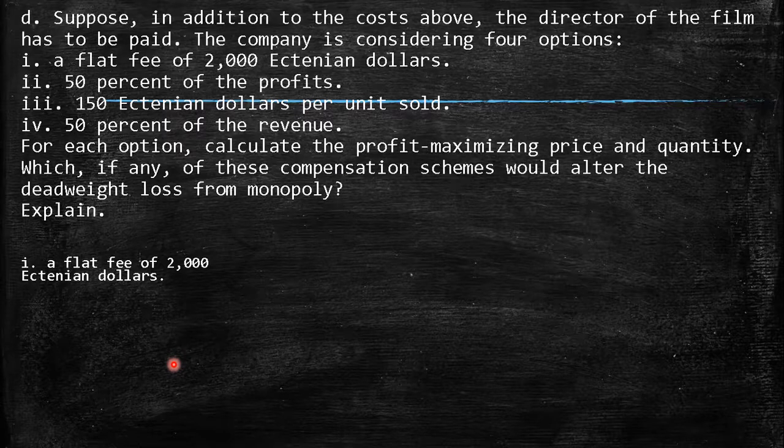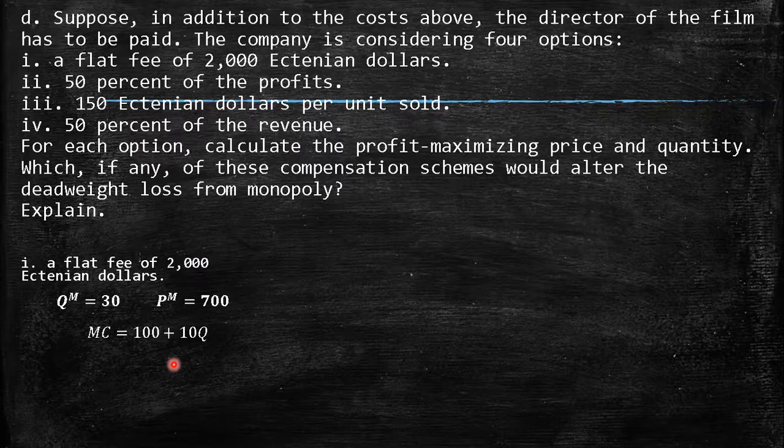Third, 150 Ectenian dollars per unit sold. Or fourth, 50% of the revenue. For each option, calculate the profit-maximizing price and quantity. Which, if any, of these compensation schemes would alter the deadweight loss from monopoly? Explain. So here is the first one, the flat fee.